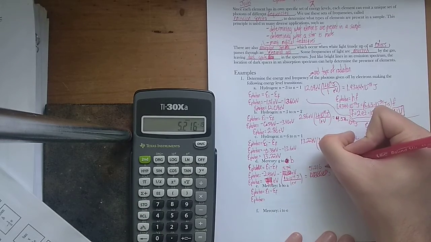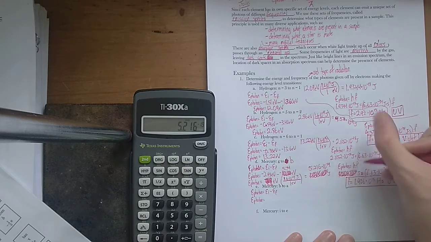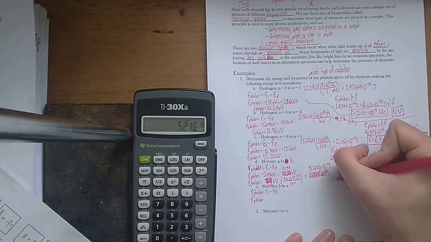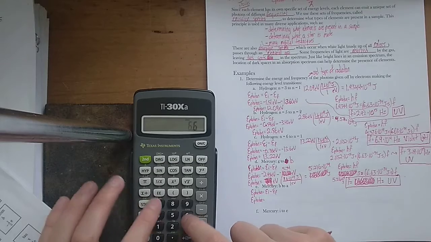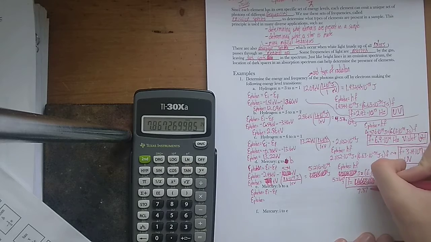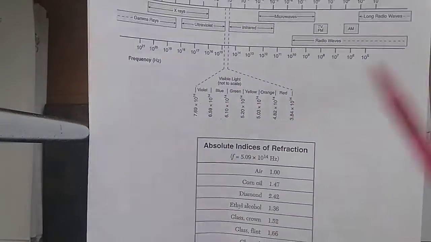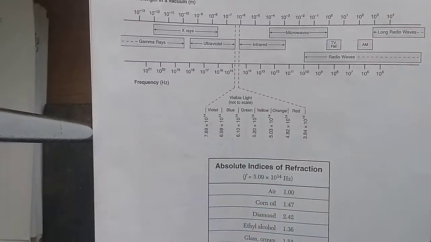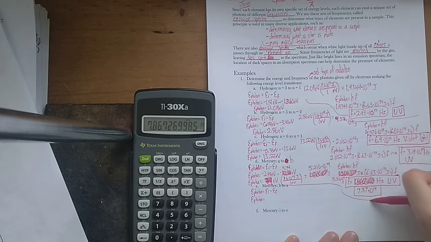The energy in joules is 5.216 times 10 to the negative 19th joules. Okay, so we end up with a frequency of 7.87 times 10 to the 14th hertz. And actually, that still is just barely outside the violet, the upper range for violet, so it is still UV light. But okay, so I apologize for screwing that one up immensely.